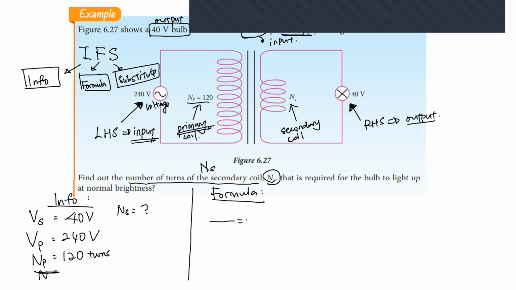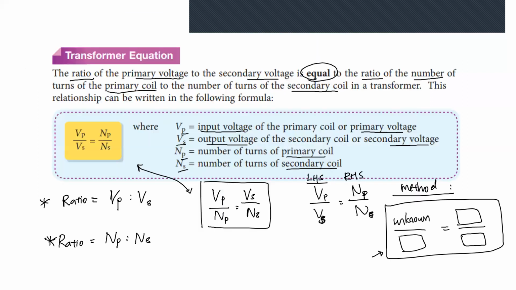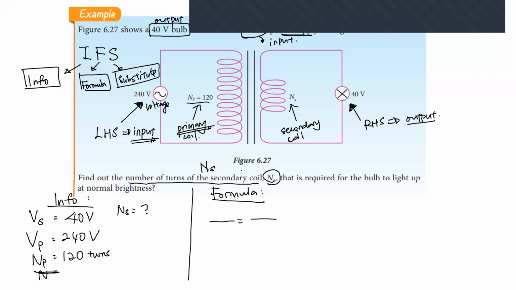Okay, for the formula, I will make the ratio form first. So this is Ns. Always put the unknown on top of your left-hand side. Let's look at the previous slide. Unknown on top of your left-hand side.